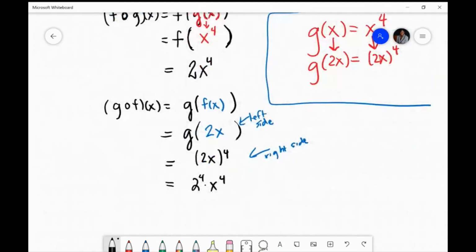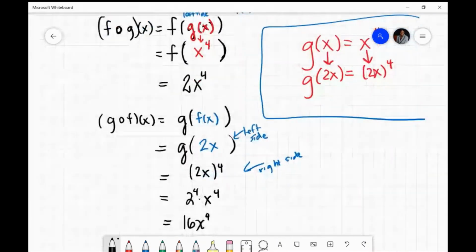And what's 2 to the 4? You might need a calculator for that one. What's 2 times 2 times 2 times 2? 16. So your answer is 16x to the fourth for that one. Gotcha.